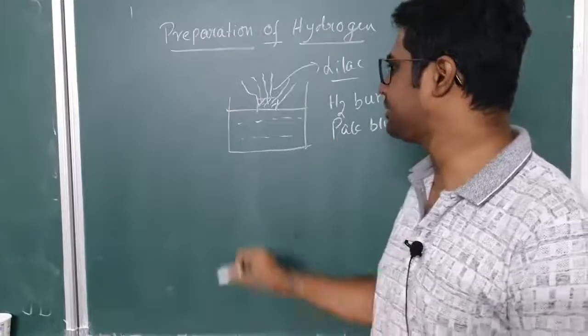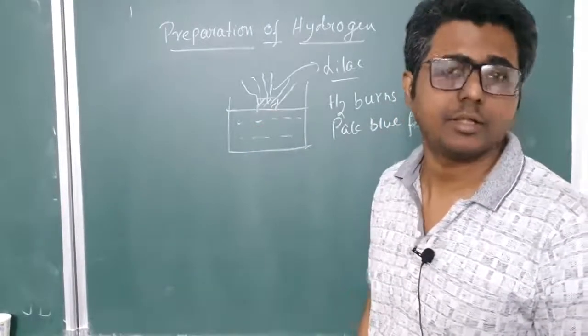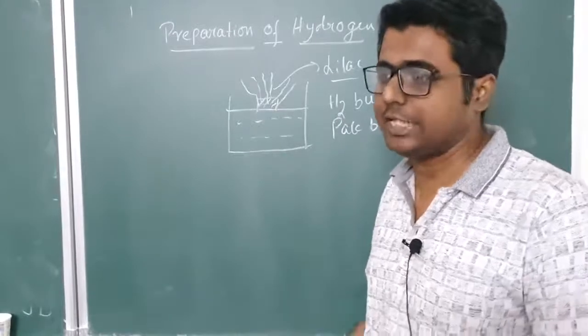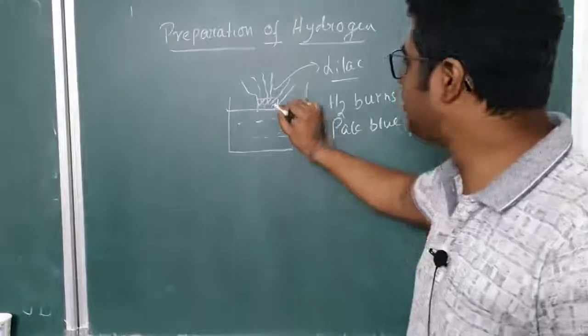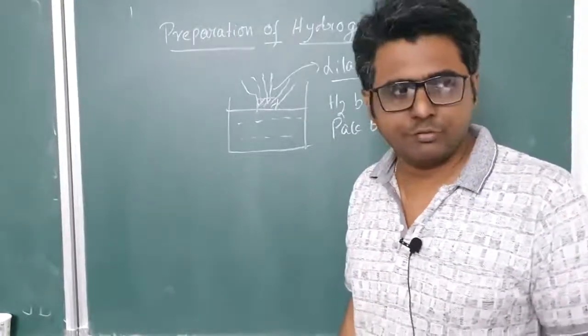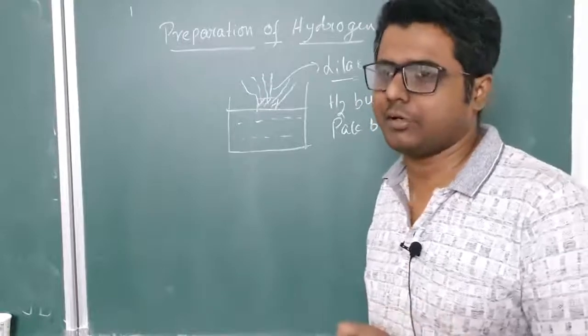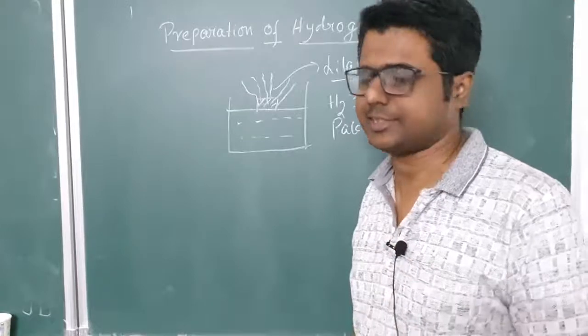Now the problem is, in this part, the reaction is highly exothermic. So lot of heat is evolved. When lot of heat is evolved, some of this potassium changes to potassium vapor. And we know very well, potassium has a flame color of lilac, violet types. So that is quite lilacish.